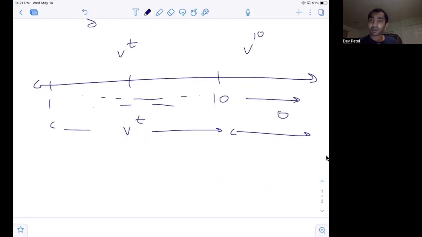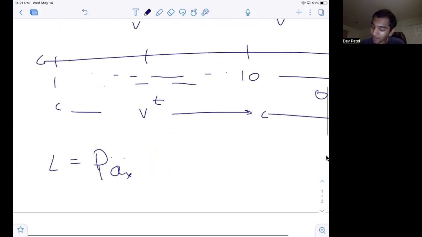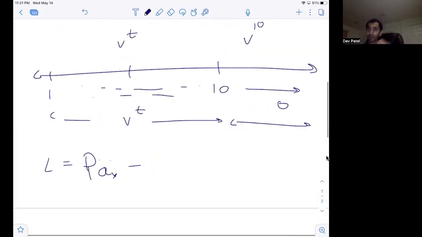When we think about the present loss of the insurer from the insurer perspective, we see that the loss, which is a random variable, is going to be equal to what the insurer receives, so the premium amounts, P times a-bar of X, the annuity, minus what they have to pay out.